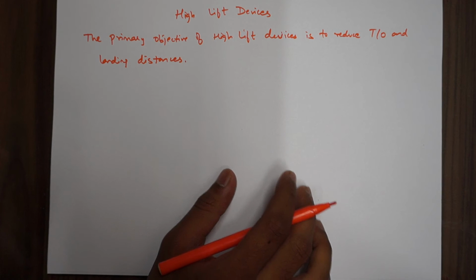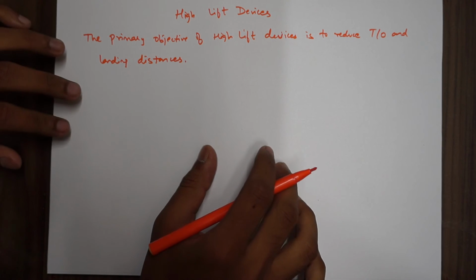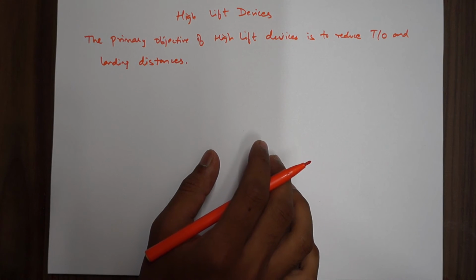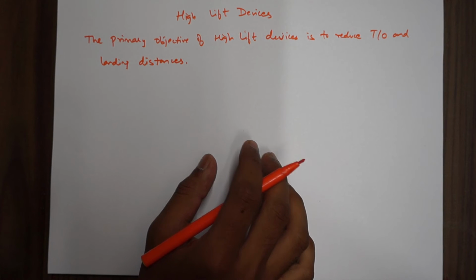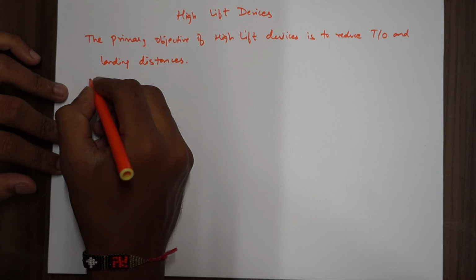Alright, so high lift devices are flaps, slats and slots, and so on. We'll discuss types of flaps.